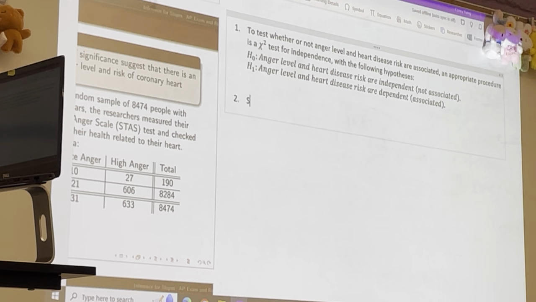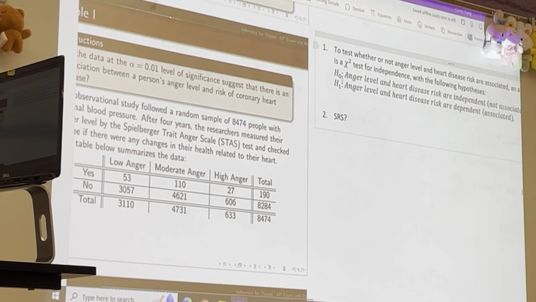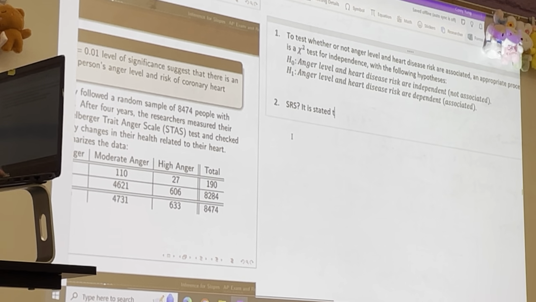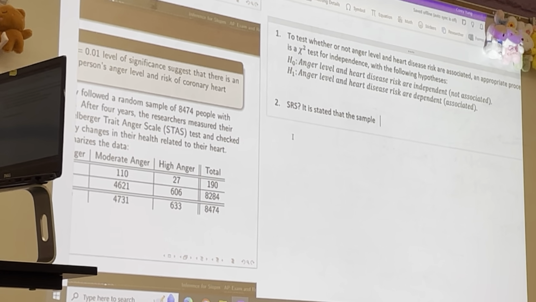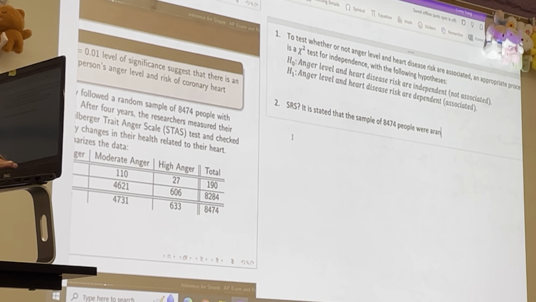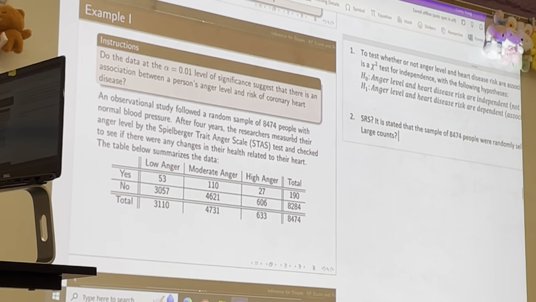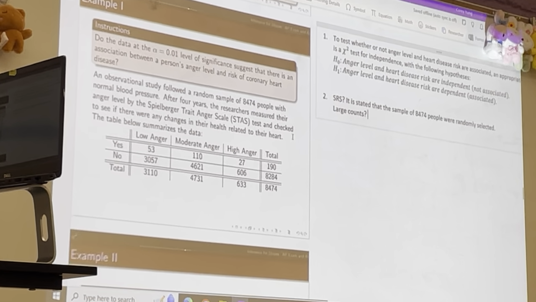So step 2, SRS. It says right there, they followed a random sample. So it stated that the sample of 8,474 people were randomly selected. The next one is large counts. Now, in this case, we have to find the expected counts, all right?